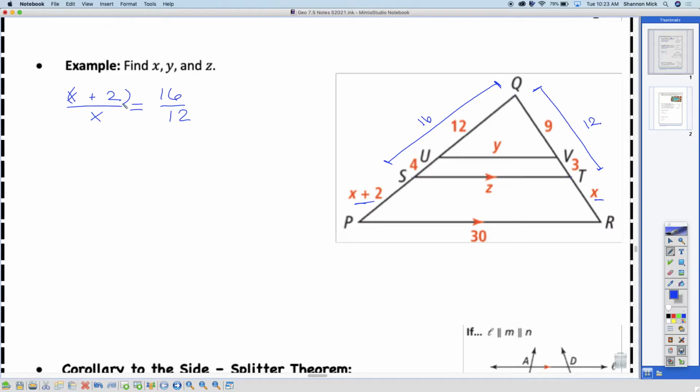Yeah. So what, 4 and 4 and 3? So this would just be times 3, and this would be times X. So I have 3X plus 6 equals 4X. Subtract 3X, so X equals what? 6? Yep.